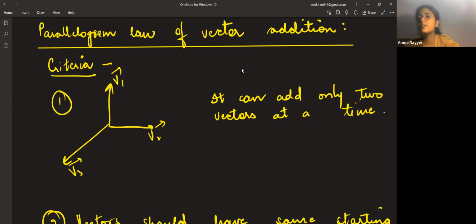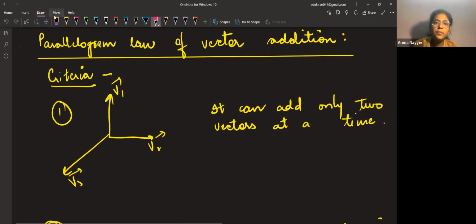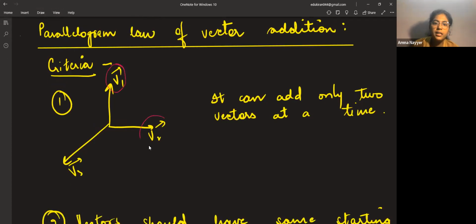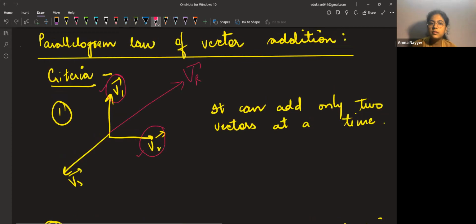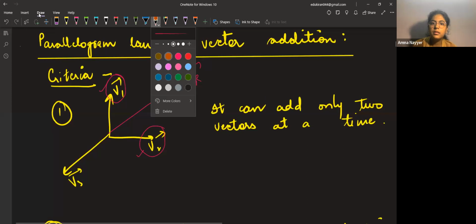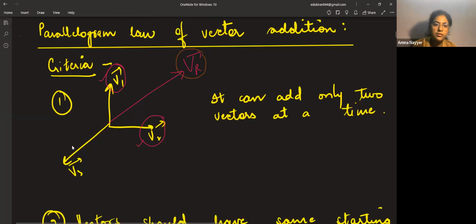In those cases, wherever more than two vectors are given, you solve it one by one. For example, V1 and V2. I will solve the V1 vector and V2 vector first, and I'll get the resultant over here. Now I will solve this resultant vector with the next vector to obtain my resultant.